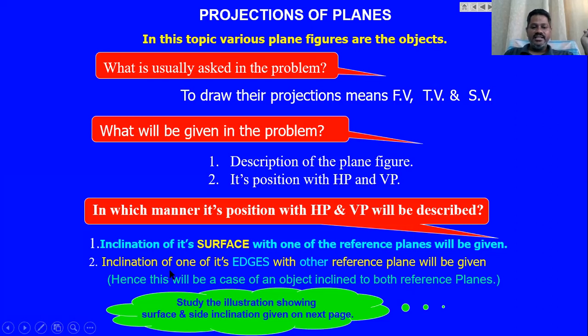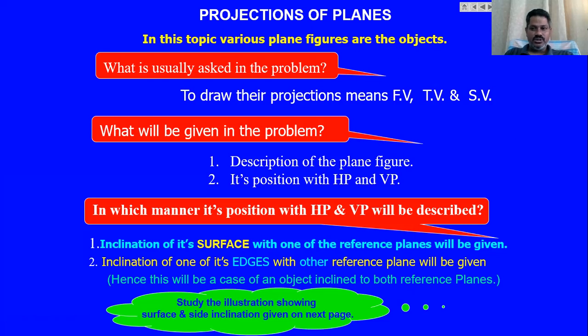Then the inclination of its edge. Sometimes the inclination of the edge will also be given along with the inclination of the surface. If the inclination of the edge is not given, we can leave that, but in some specific cases, along with the inclination of the surface, they also specify that the edge of the surface can make some angle with the reference plane.